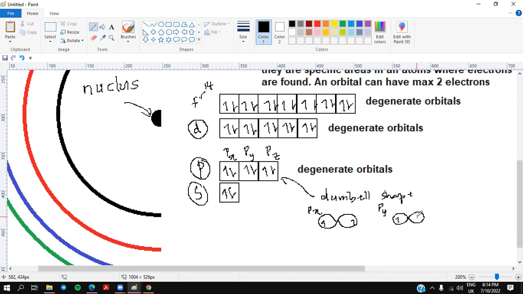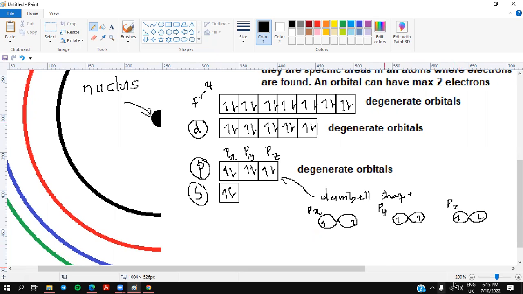We can have 2 electrons in py. And then we go to pz. Pz is another dumbbell. This dumbbell can have 2 electrons. See, children? 2 electrons here, 2 electrons here, 2 electrons here. Altogether 6. Px 2 electrons are here. Py 2 electrons are here. Pz 2 electrons are over here.